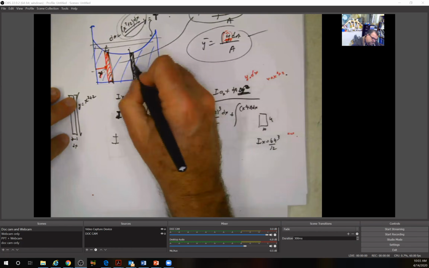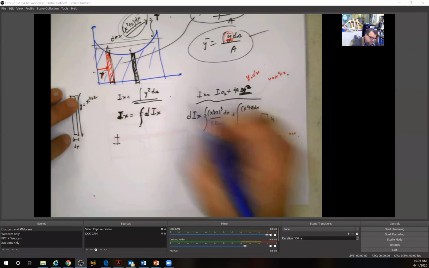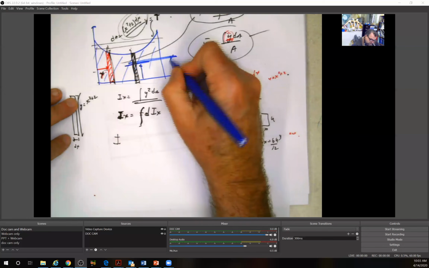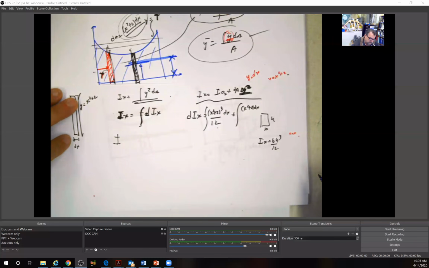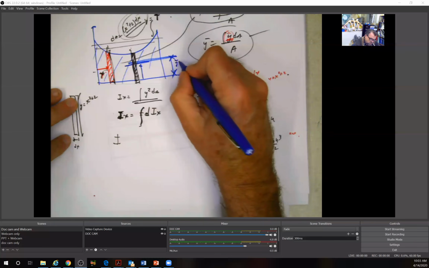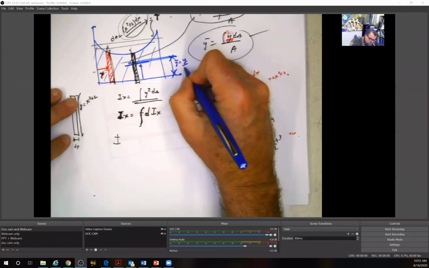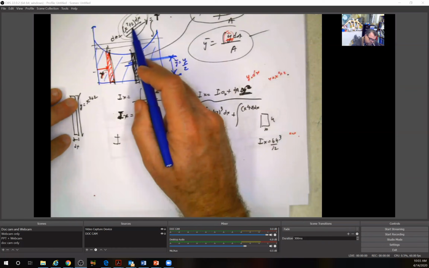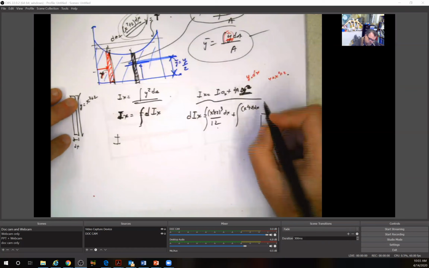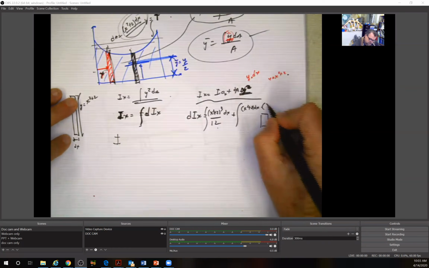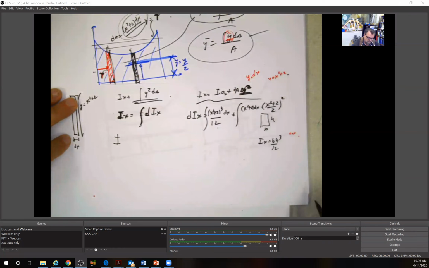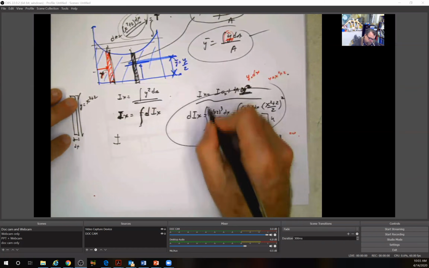That distance is the distance from the axis to the centroid, which they call y wiggly, which in this case is y divided by 2. And if y is x squared plus 2, then I'm going to have times x squared plus 2 divided by 2 squared. And then I solve that, of course between x1 and x2.